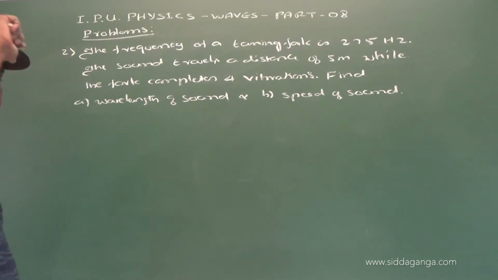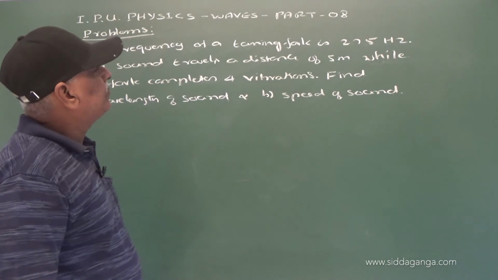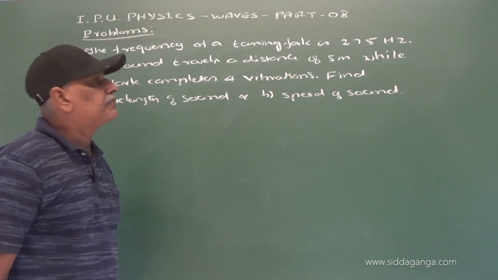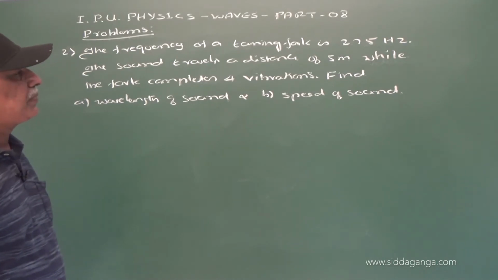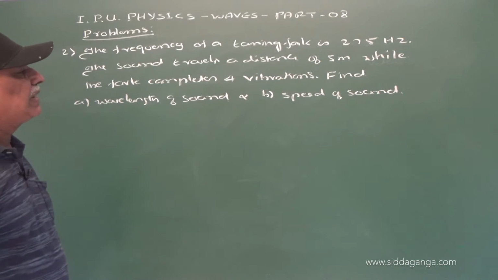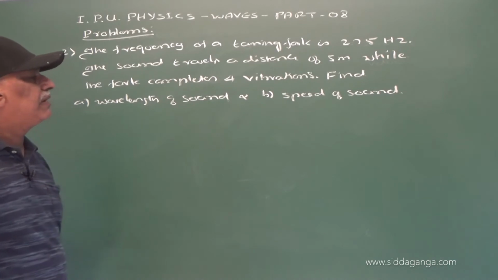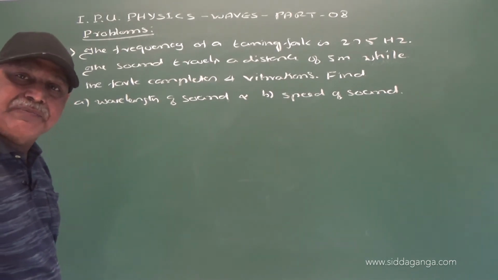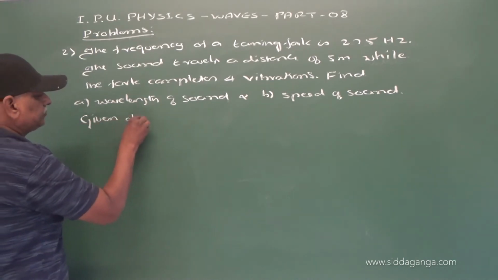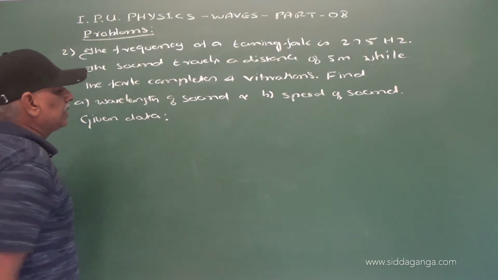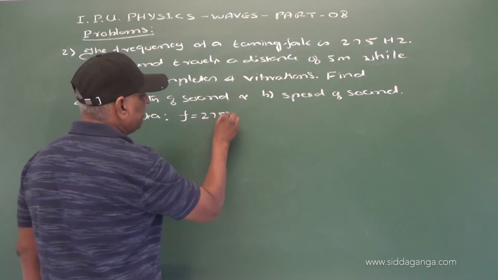Right. Now we have given the frequency of a tuning fork is 275 hertz. The sound travels a distance of 5 meter while the fork completes 4 vibrations. Find A, wavelength of sound, and B, speed of sound. Now we have given data: the frequency of tuning fork is 275 hertz.